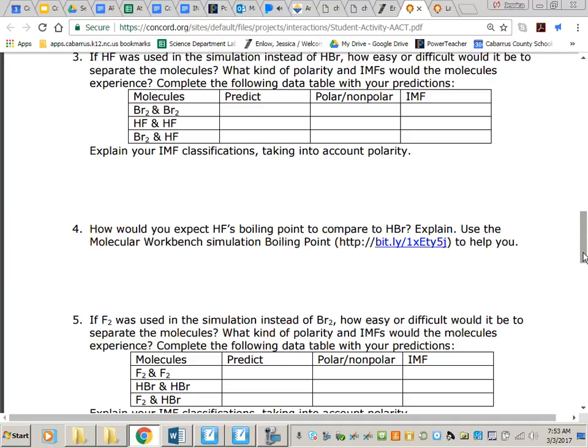Nonpolar molecules. It's just comparing. Which one is stronger? We just have to figure out which one is stronger.